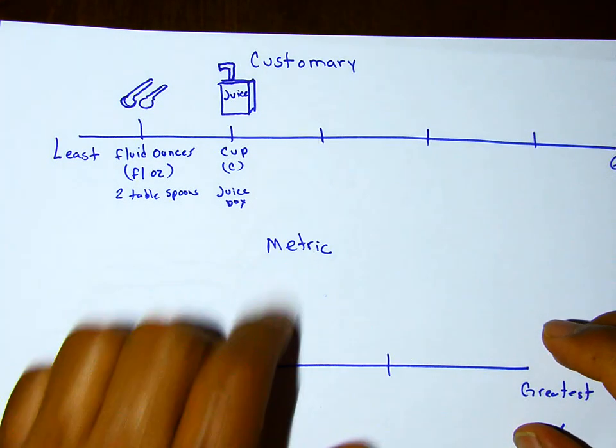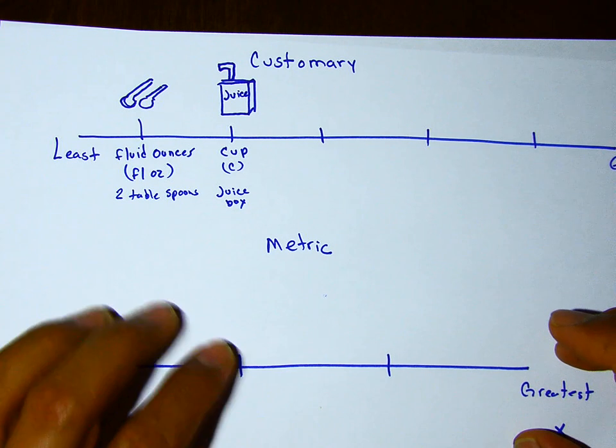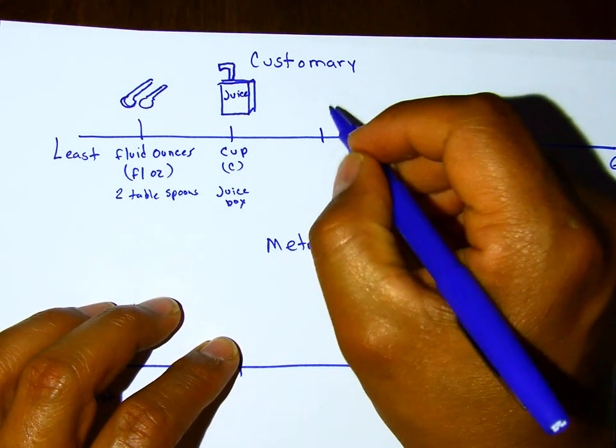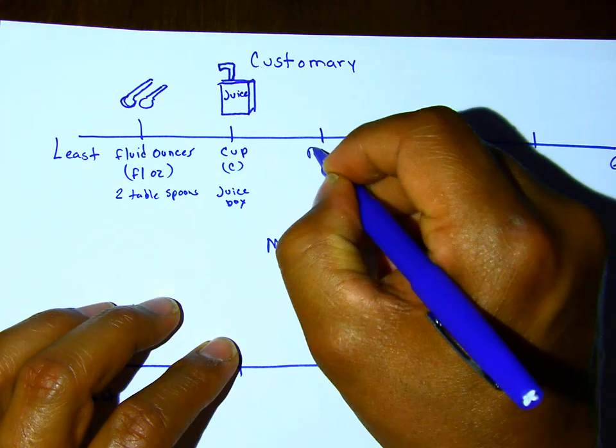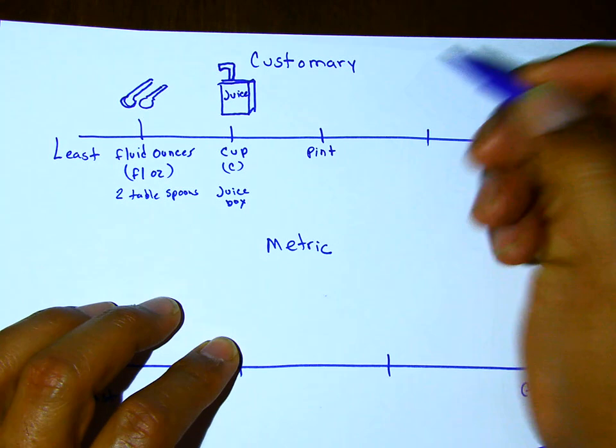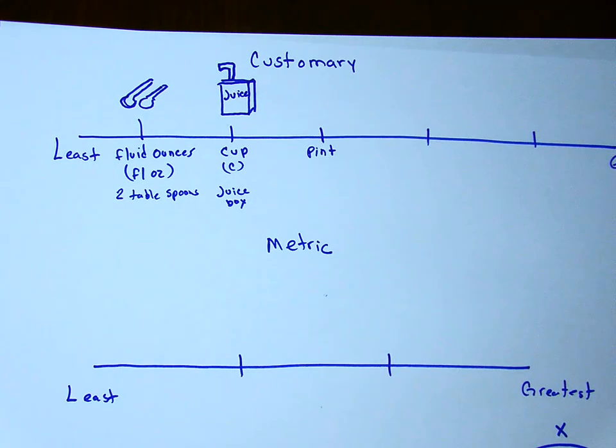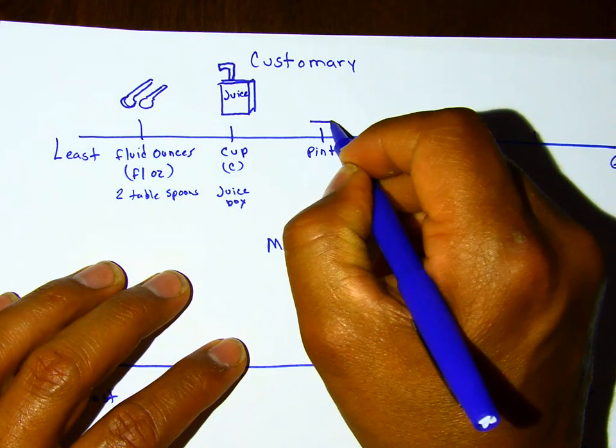The next one would be kind of like a small carton of milk or ice cream. This would be a pint. This would be like the milk you get at lunch. So let's make that.